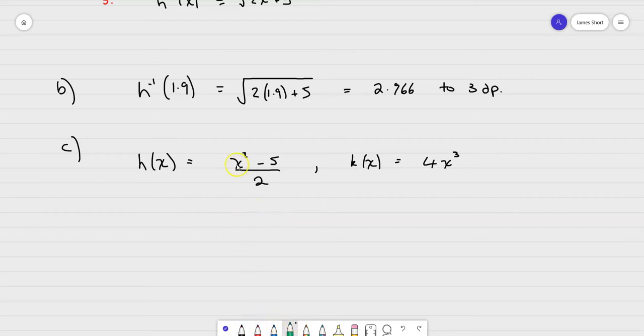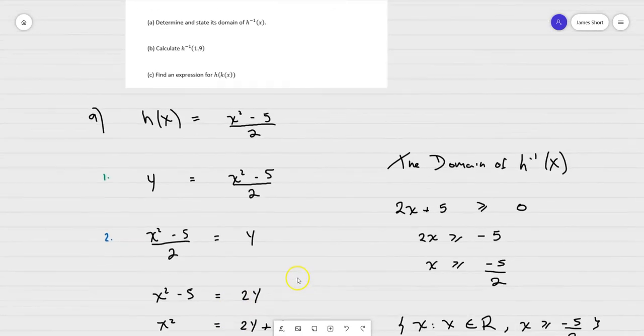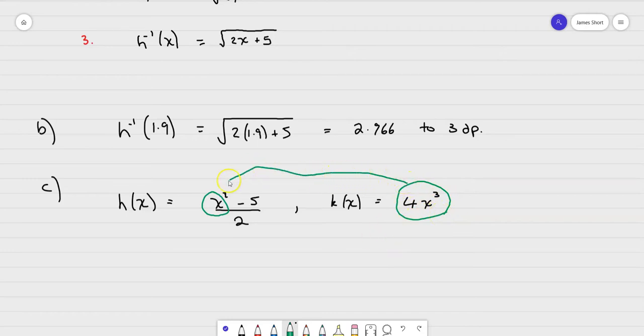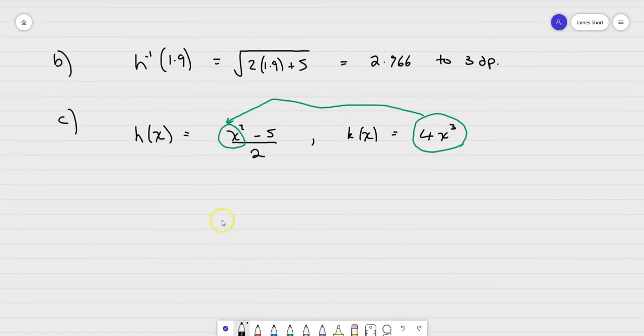We're going to replace this x here with the entirety of k of x. So that gets substituted into that. What we'll get is h of k of x is equal to, well, this x here becomes 4x cubed.